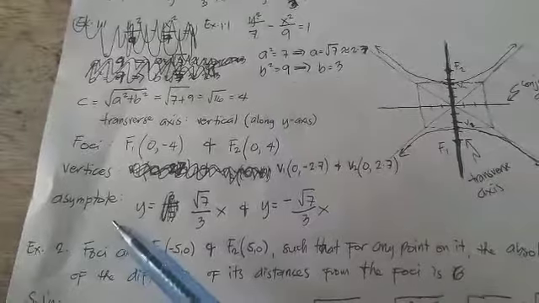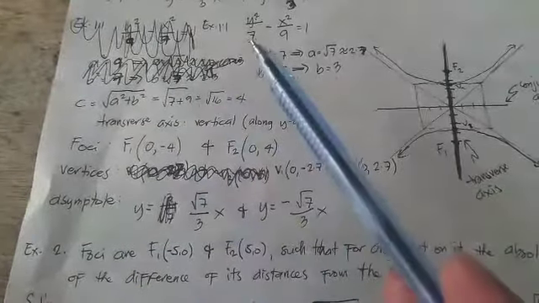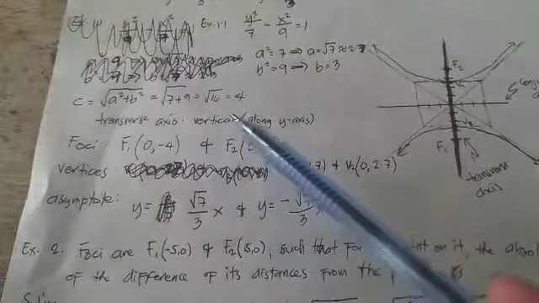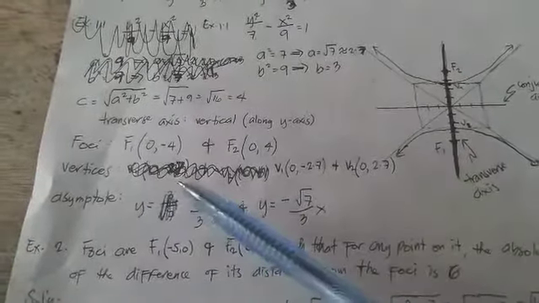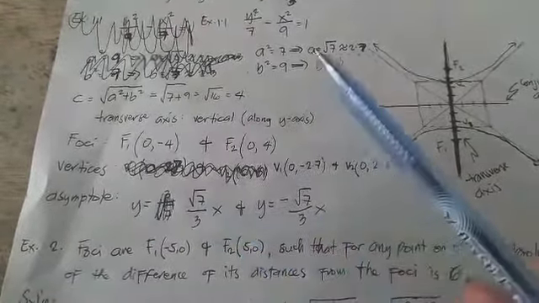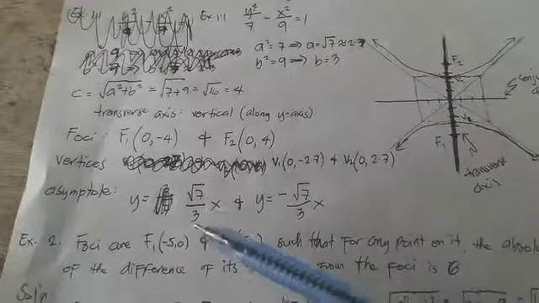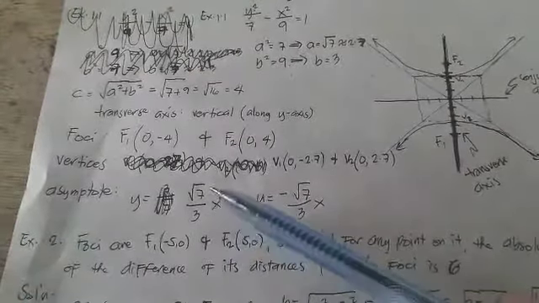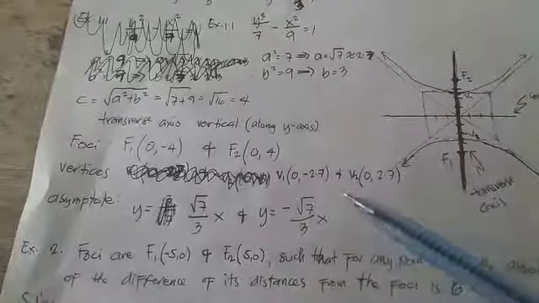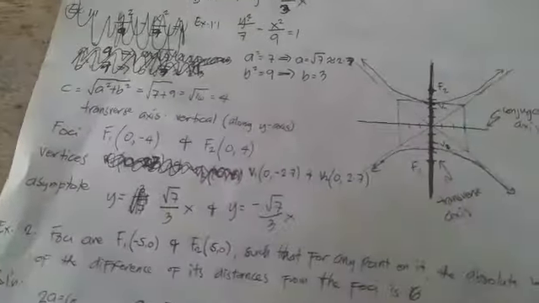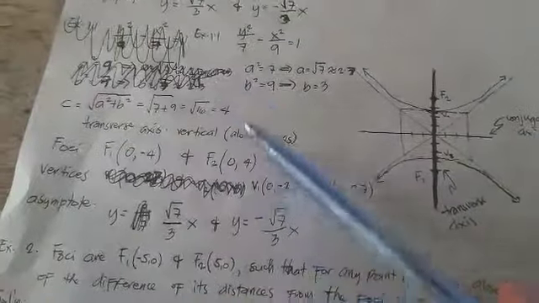Since the transverse axis is vertical, the asymptote we use is A over B. A here is the square root of 7, and B is 3. So we have A over B x: square root of 7 over 3 x and negative square root of 7 over 3 x. Okay? So those are the values we were looking for.